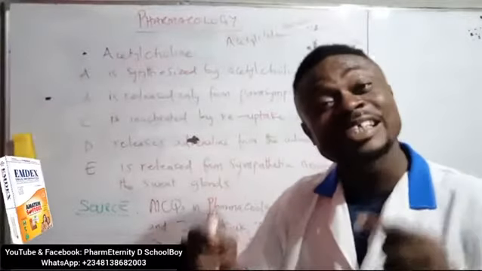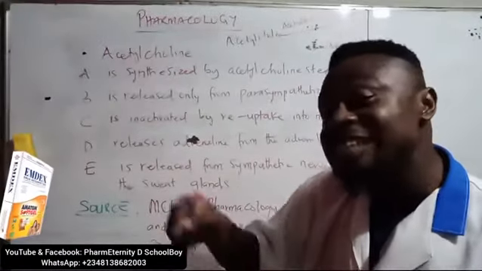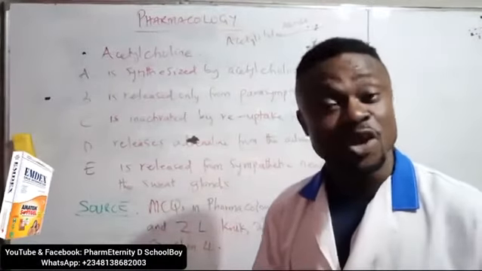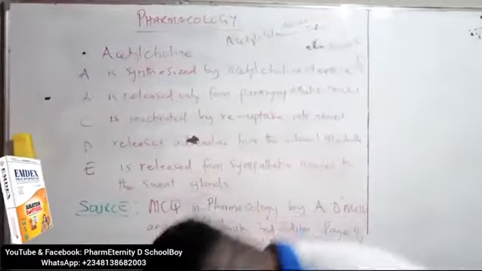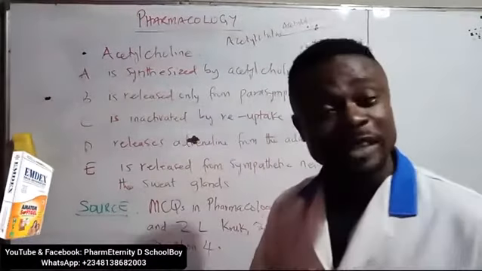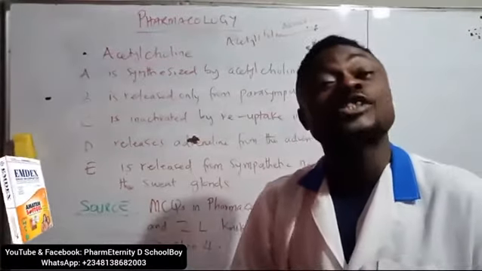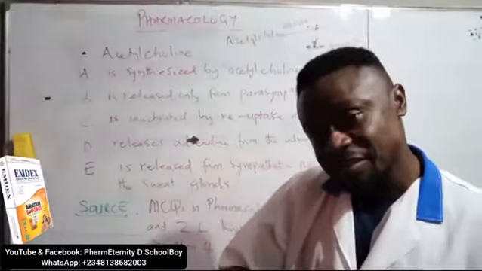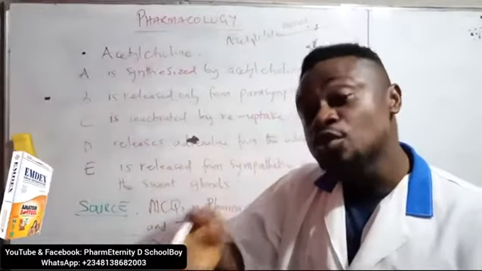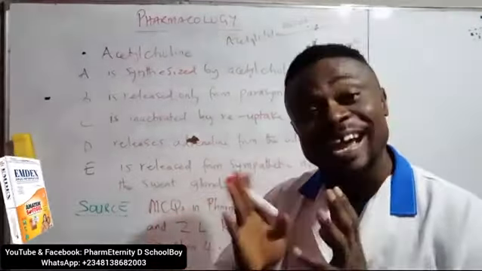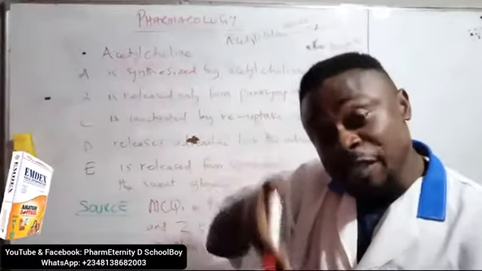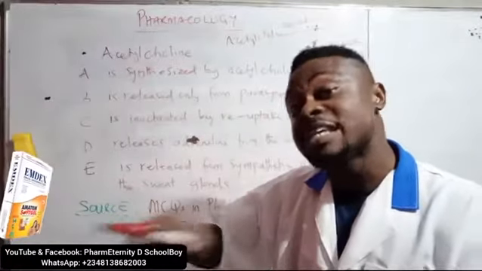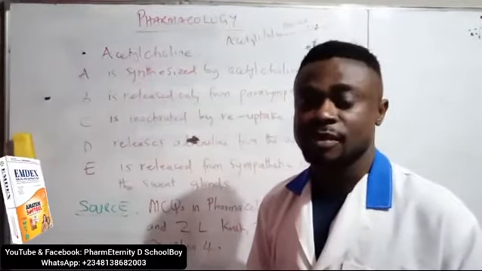Number 2, acetylcholine is also released in the central nervous system, CNS. Number 3, acetylcholine is also released from the preganglionic nerves to all the autonomic ganglia.